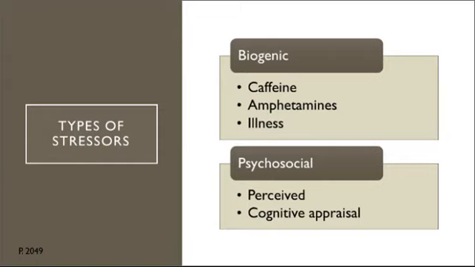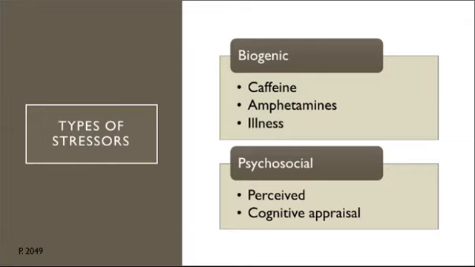Types of stressors: there is a box, box 31.1, on page 2049. Biogenic and psychosocial. Biogenic stressors, caffeine, amphetamines, illness, directly trigger the stress response without any cognitive process.